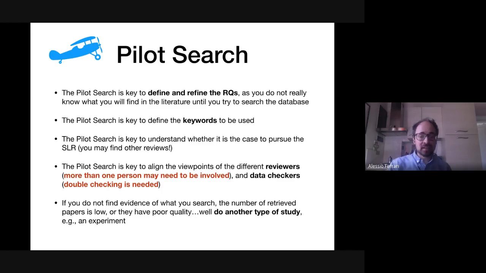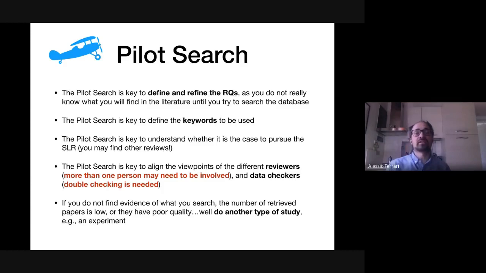If you don't find evidence of what you search, the number of retrieved papers is low, or they have poor quality, then do another type of study. Okay, so do an experiment, do something else. So if your search didn't lead to any relevant answer, probably either your search was badly expressed, or there is actually no research in that direction.